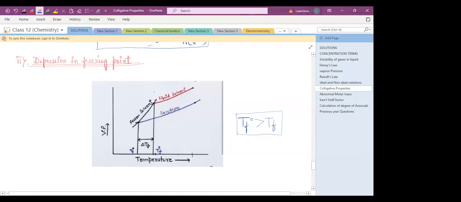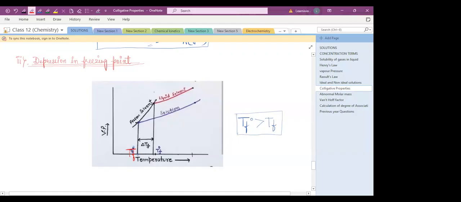This horizontal solid line, the intersection of the solution curve with the solid phase line, indicates the freezing point of the solution, right? When you draw the perpendicular to it, this is Tf. This is not Tf naught, it was by mistake. It's only Tf, which means the freezing point of the solution.